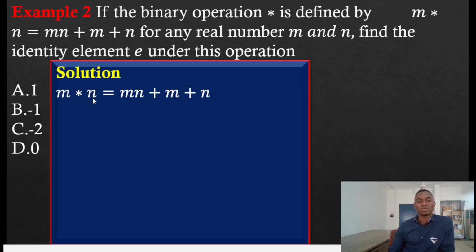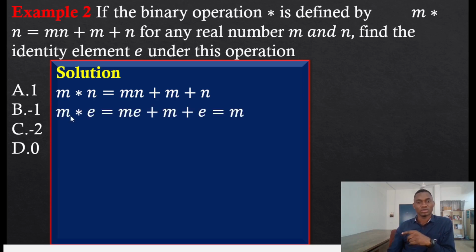The next thing is to define your identity property with respect to this formula. It means in this formula, anywhere you see n, put e, because n is the second element and we are looking for the identity element. So replace your n with e.